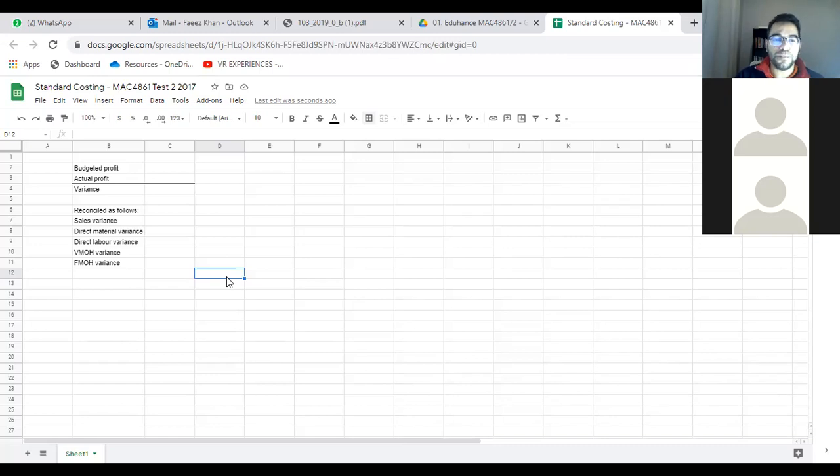So basically, that is our variance. But we know that in standard costing, the variance is broken down into at least two parts: a price and a quantity, or a quantity and a price variance. So my thinking runs like this. I tell myself the variance is sales and production.